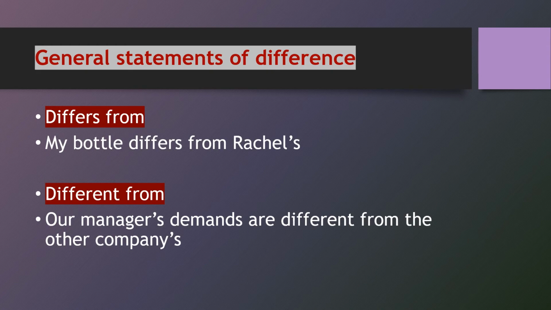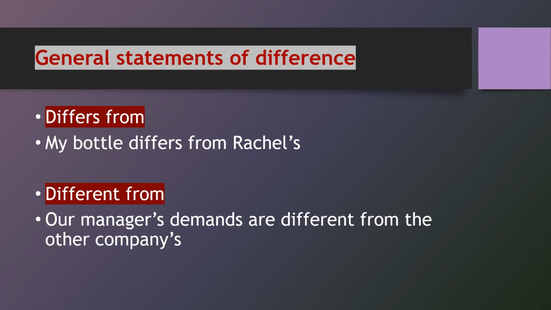So the first one, my bottle differs from Rachel's. My bottle differs from Rachel's, meaning differs from Rachel's bottle. And in the other case, our manager's demands are different from the other companies'.